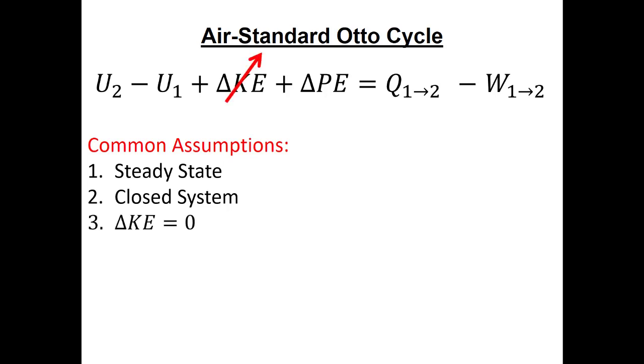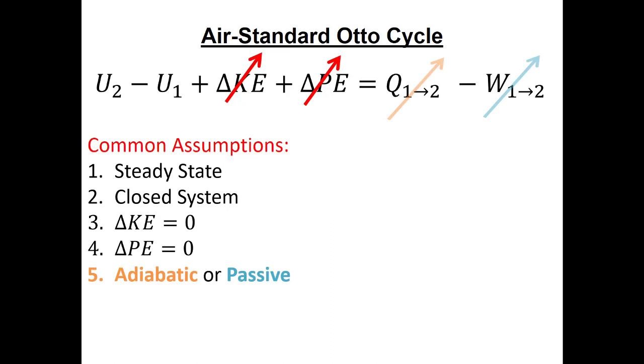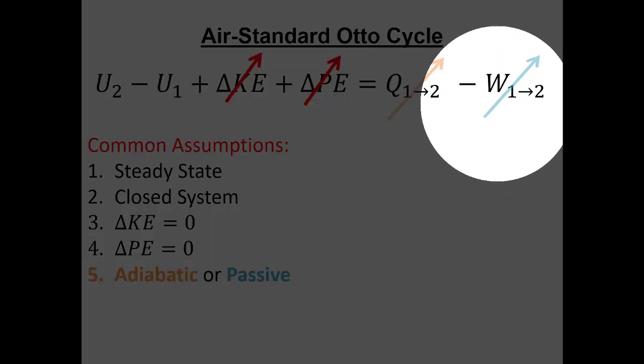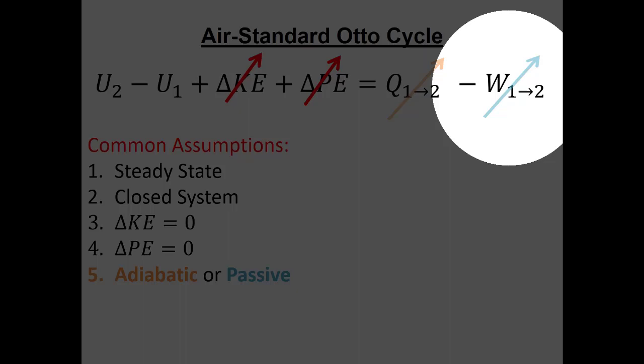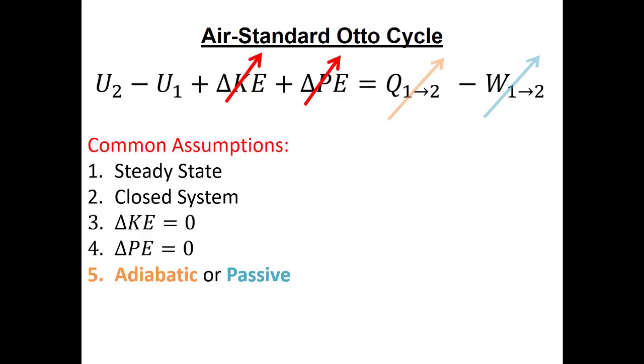We're going to say that the change in kinetic energy can be neglected. The change in potential energy can be neglected. We're going to then say that each process in this case is either adiabatic or passive. Really, I could find the work for these processes that I'm saying are passive, but they're vertical lines, and work is the integral of PdV, and if delta V is 0, then the work is also 0.